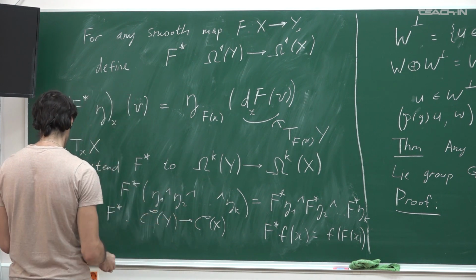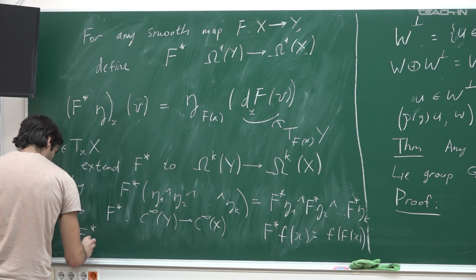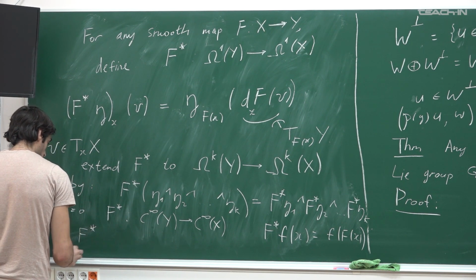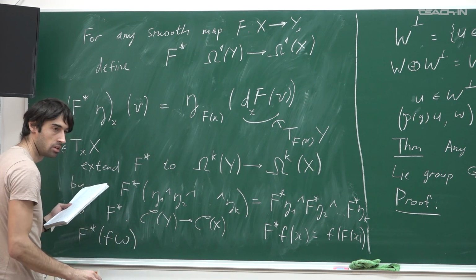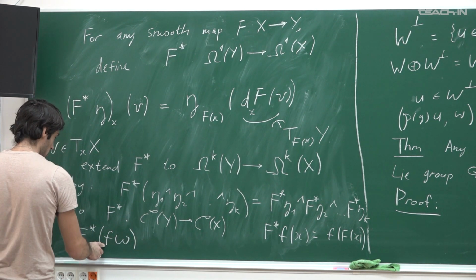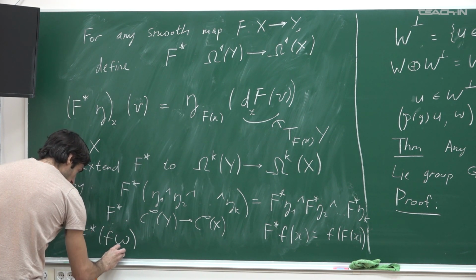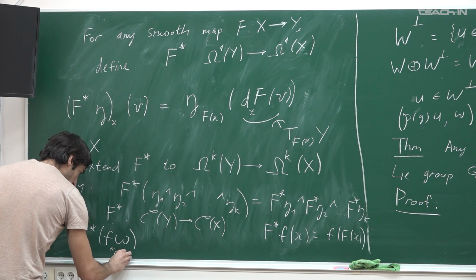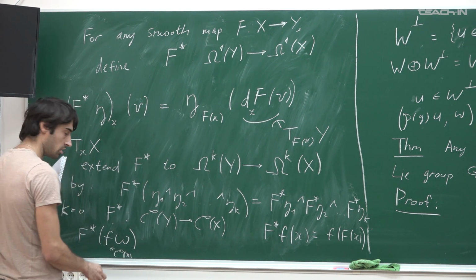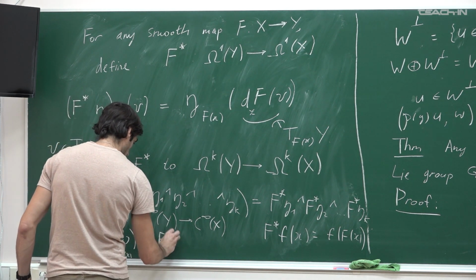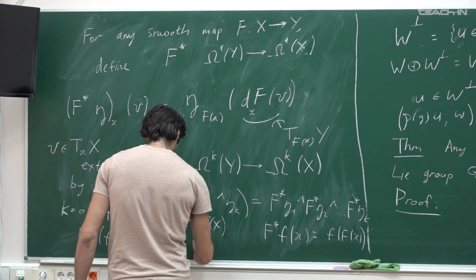All right. Then if we define it like this, then we actually can say the following. If I have f star of g times some form omega, and this lives in C infinity of x, and this is some form, then I have just f star of g times f star omega.